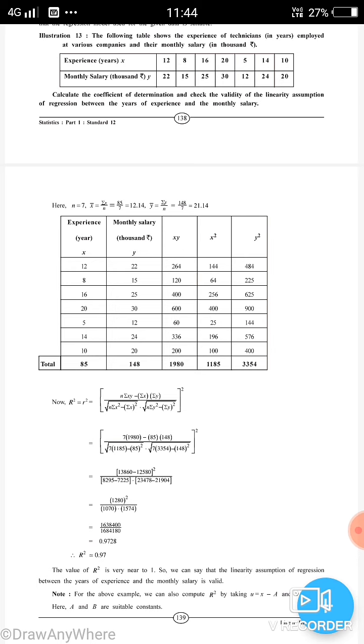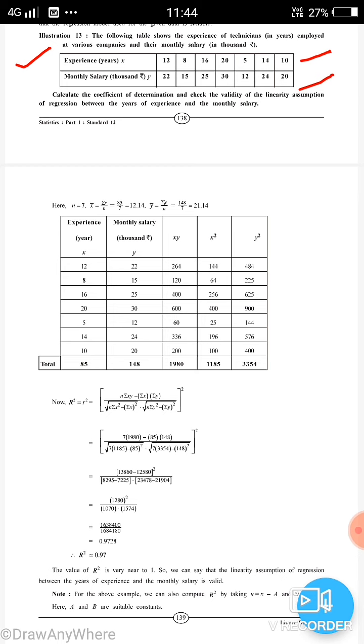Now let's read illustration number 13. The following table shows the experience of technicians in years employed at various companies and their monthly salary. First of all, X and Y, two data are given. X is experience, Y is monthly salary.